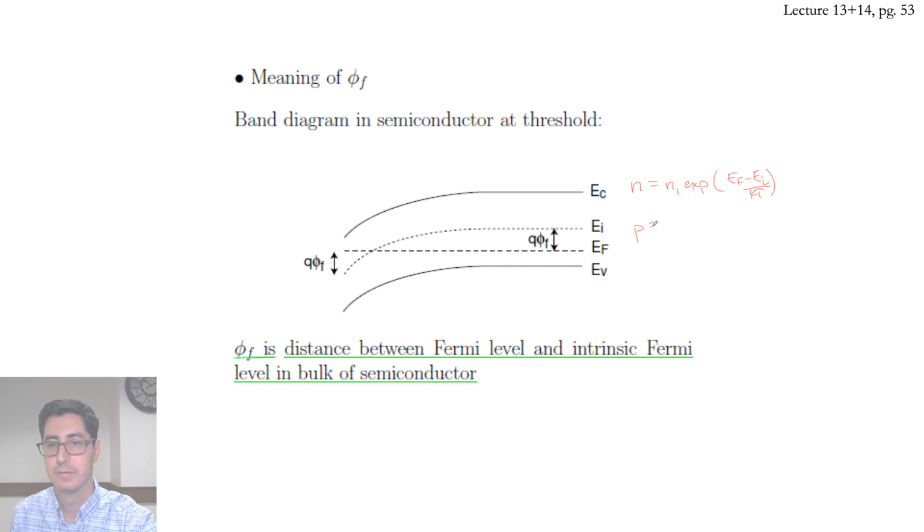And P is equal to Ni times the exponential of EI minus EF.